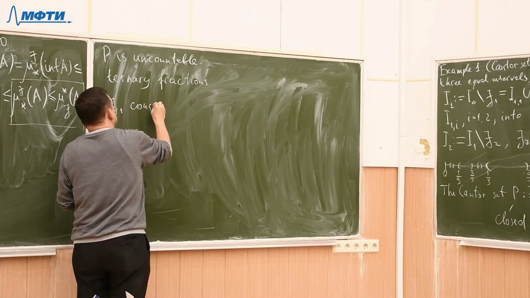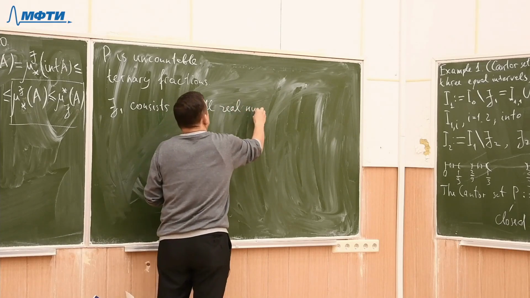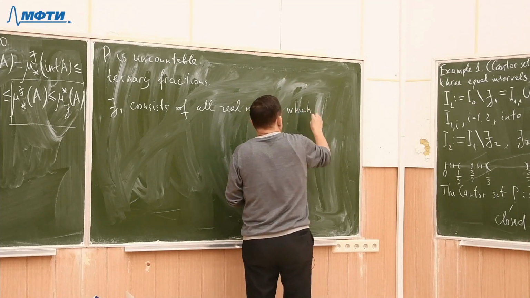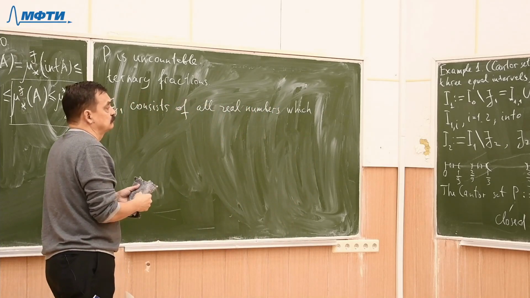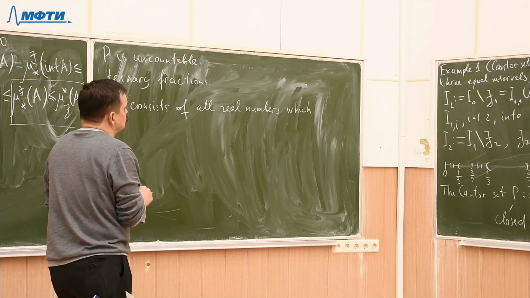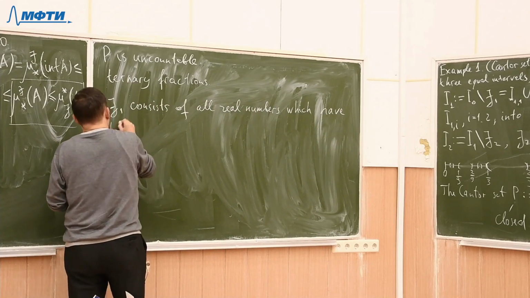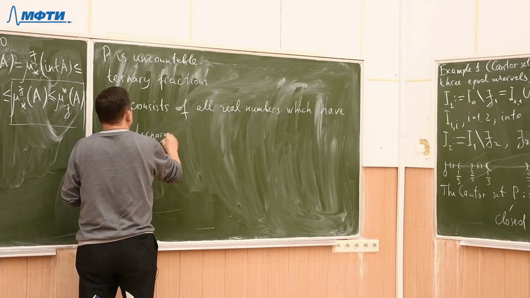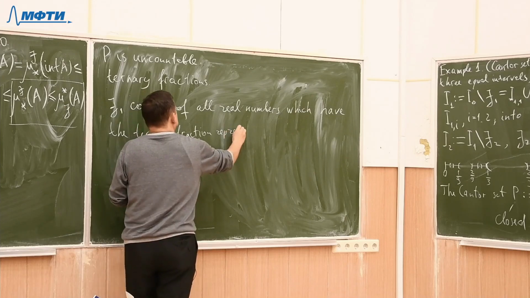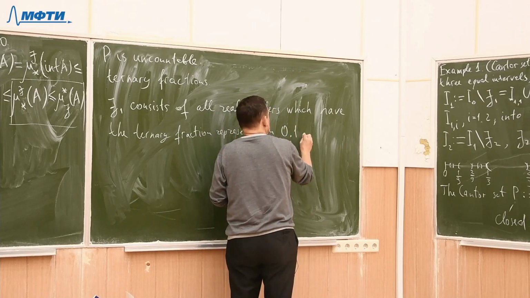J1 consists of all real numbers which have the ternary fraction representation 0.1 and so on.